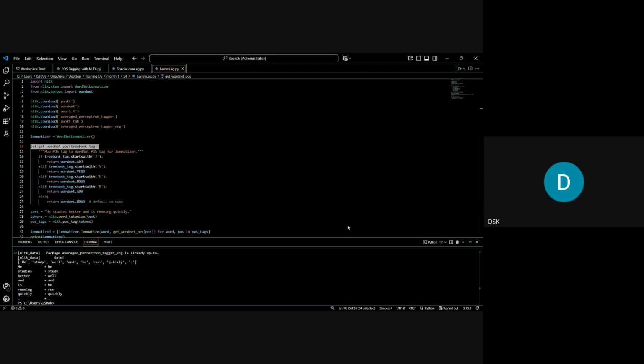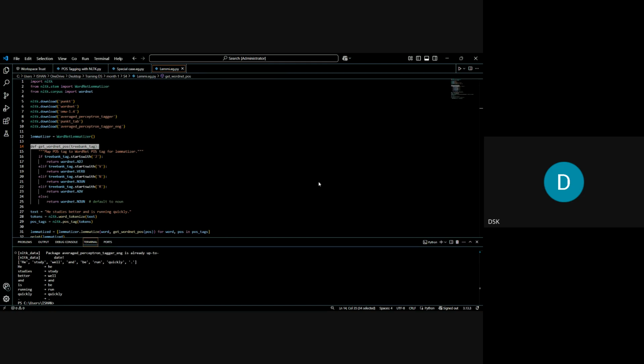Like for Treebank, J is for adjective, V is for verb, N is for noun, R is for adverb. That is, the Treebank tags start with these letters, because NLTK and WordNet use different POS tag conventions. So tokenization and tag POS.